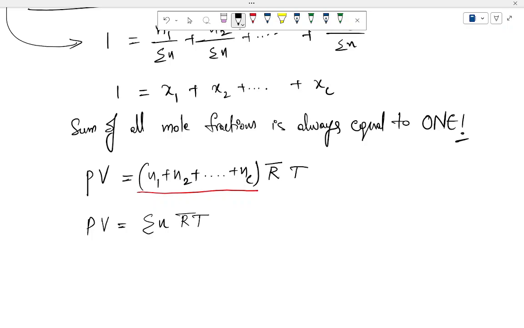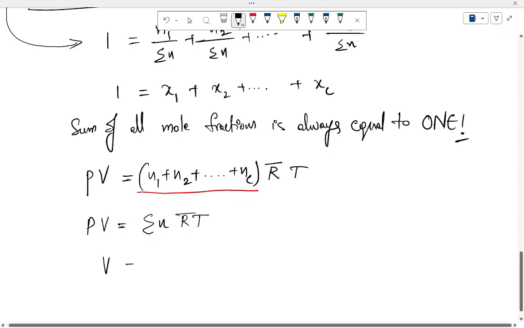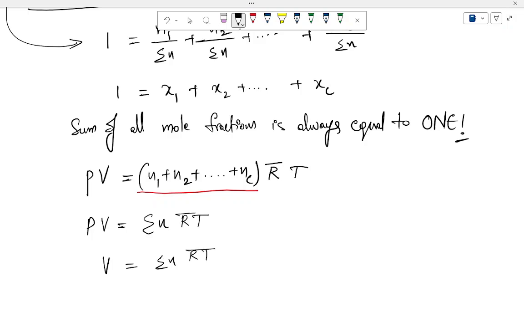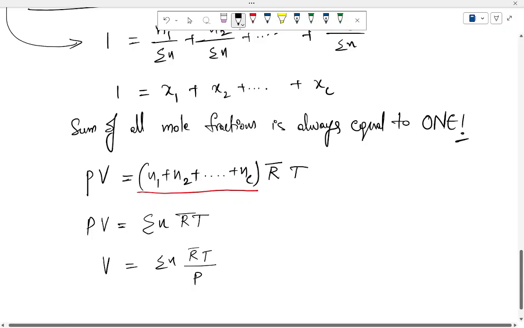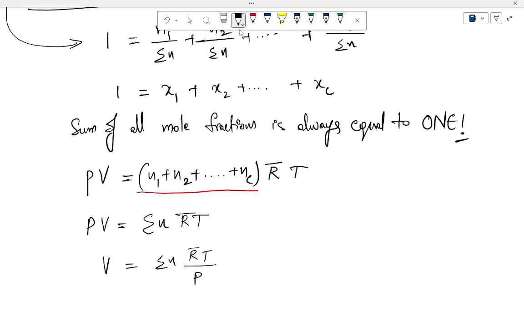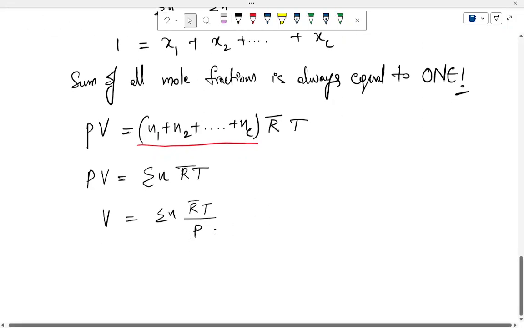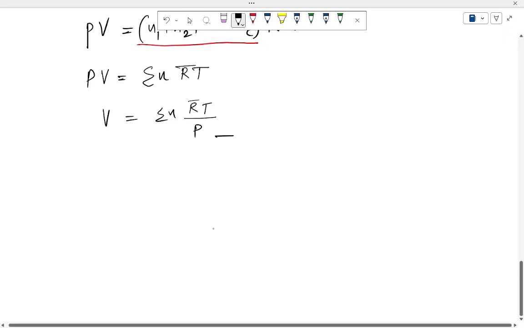This expression I will write in the form of V is equal to sigma n R bar T by P. The P that is there on my left hand side is taken into the denominator on my right hand side. Let us keep this aside and call it expression A.